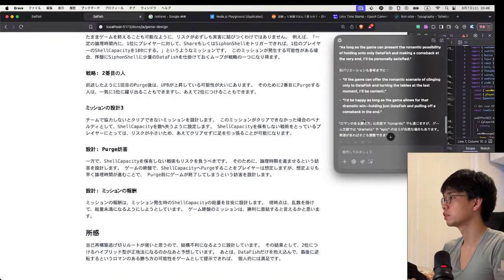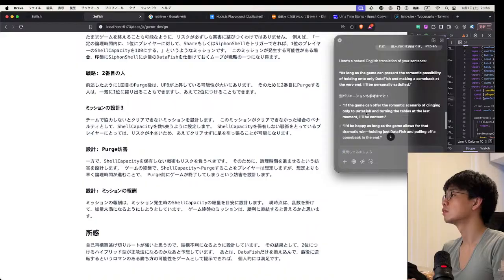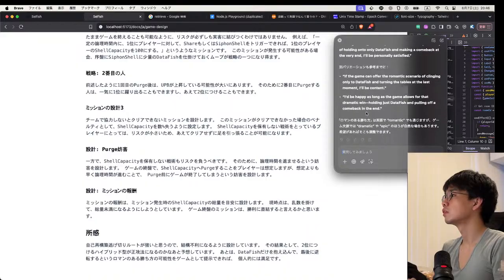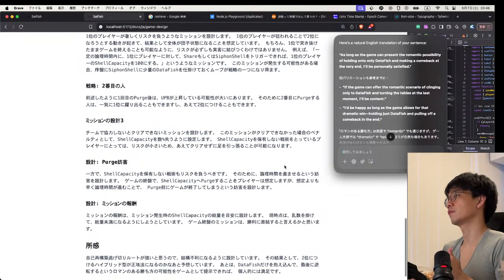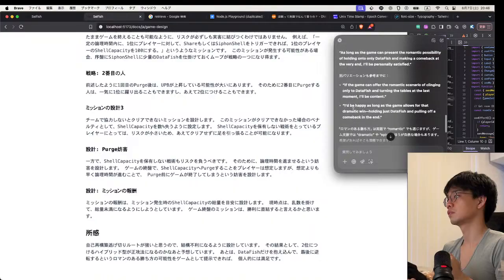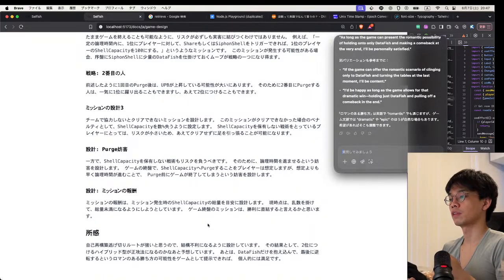Dramatic, epic. I'd be happy as long as the game allows for that dramatic win, holding just data fish and bringing off a comeback in the end. Okay? I like players who aim for a dramatic win, so I want to cheer them on.